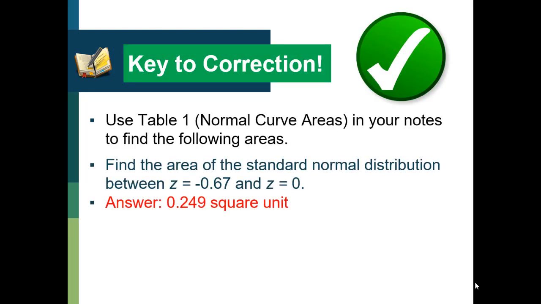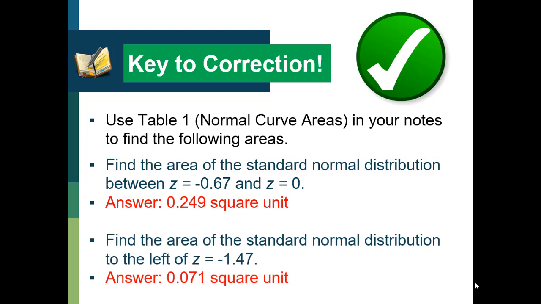For your key to correction, for the first question, the area is 0.249 square unit, and for the second question, the area is 0.071 square unit. I guess you now have the correct answers. Am I right? Okay, let's proceed.